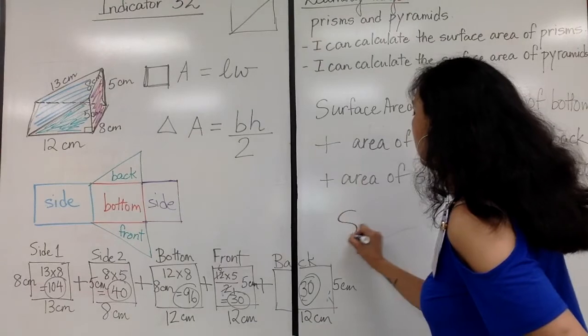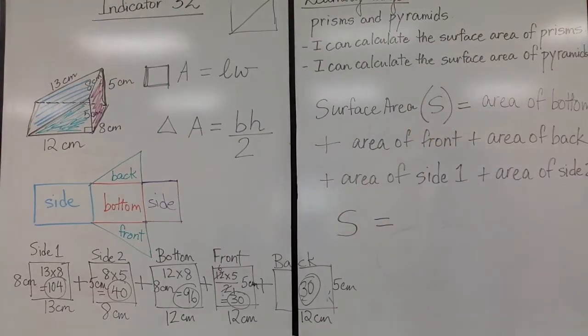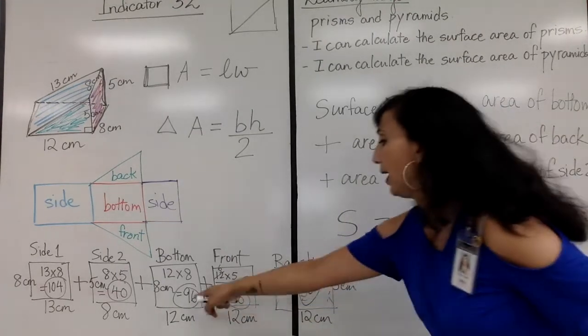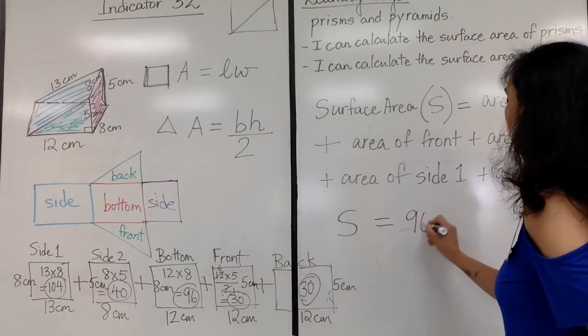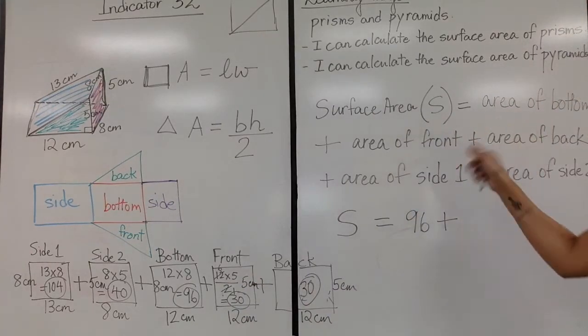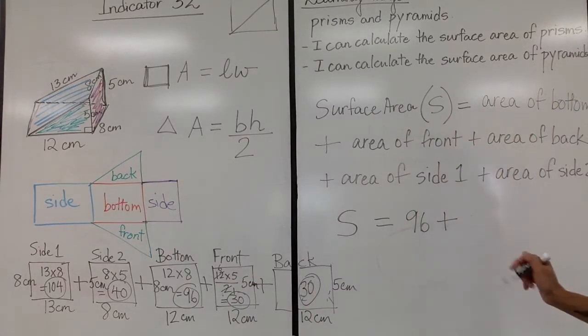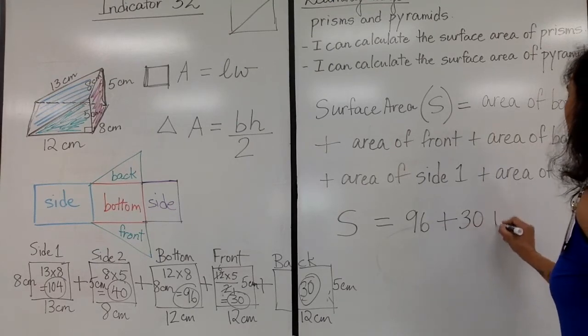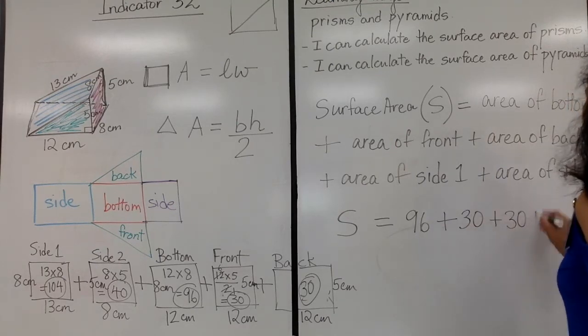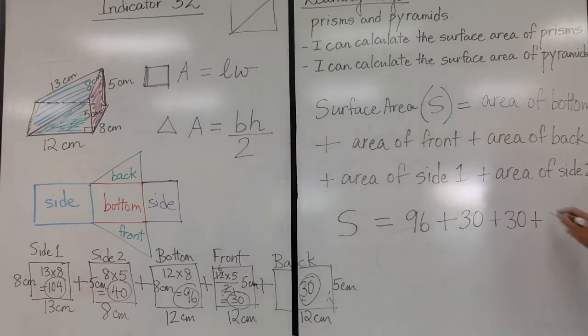Now I will just plug in the numbers. The area of the bottom was 96. Area of the front is 30. Area of the back is 30. Area of the first side is 104. And area of the second side is 40.